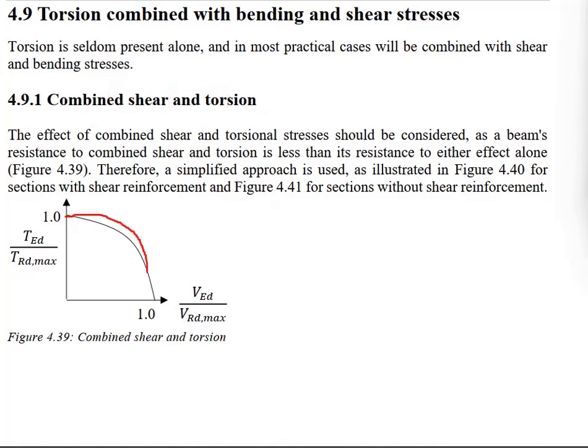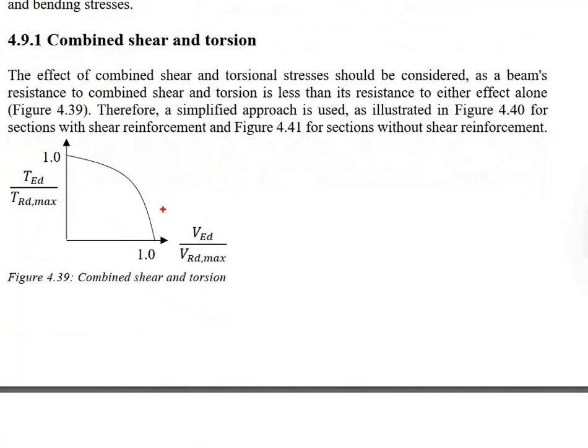Review this curve here. The torsional resistance will be at its max without shear load, but it will degrade with the increase of the shear load. The same goes for the shear. Without torsion, the resistance will be its greatest.